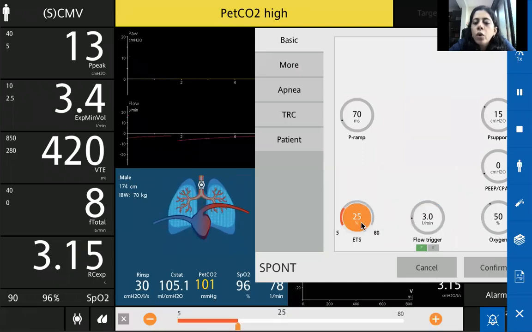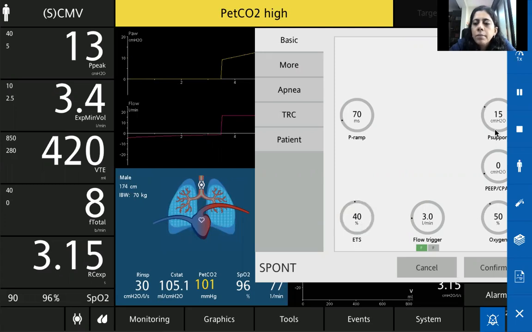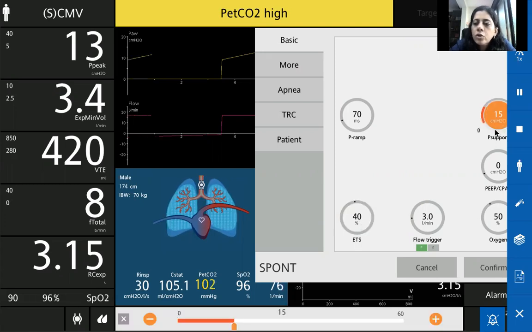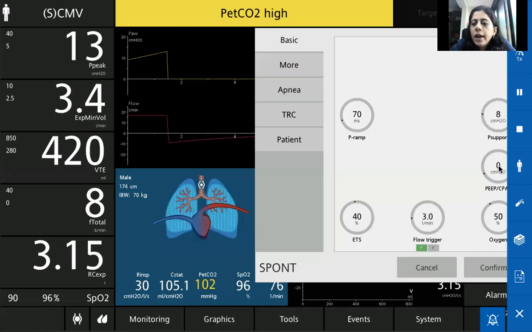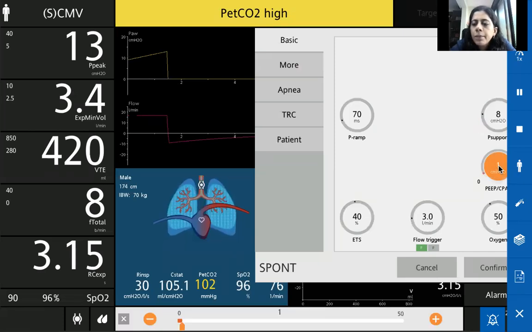As I said, we will go up on our expiratory trigger sensitivity to at least 40% or maybe higher as required by the resistance that is there. My pressure support value has to be low enough to allow a tidal volume of only 6 to 8 ml per kg. So I may start at 5, 6, and I have to give an expiratory PEEP, which is 60% of the intrinsic PEEP that was there.